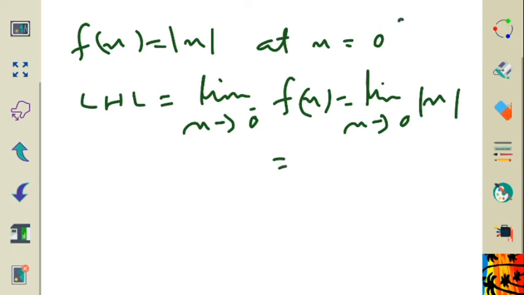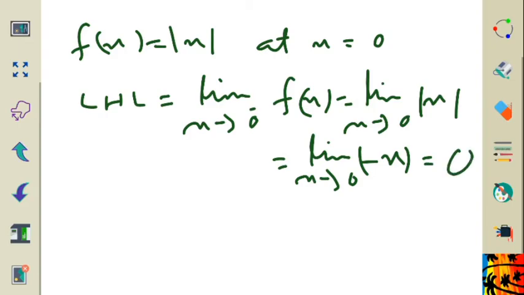Mod x gives us two values, either plus x or minus x. At negative value of x it gives minus x, and at positive value of x it gives plus x. So I will write limit x tends to 0 of minus x. Now minus of 0 is equal to 0.